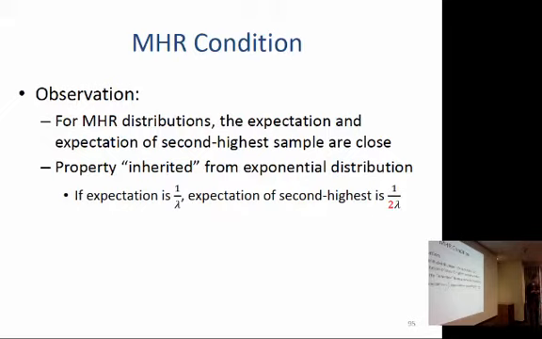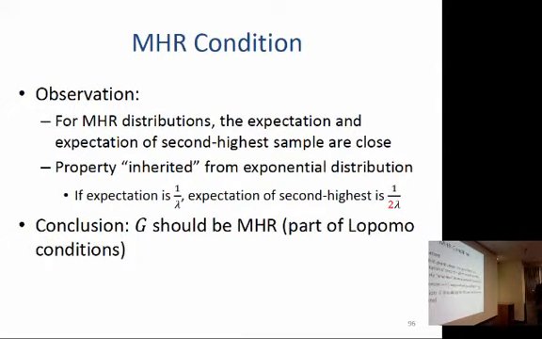We use MHR only in the sense that, because we don't have long tails, it guarantees that the expectation and the expectation of the second highest among two samples are pretty close. For exponential distributions, it's just a factor of 2. Having this as part of the conditions we assume solves the bad example we saw before.